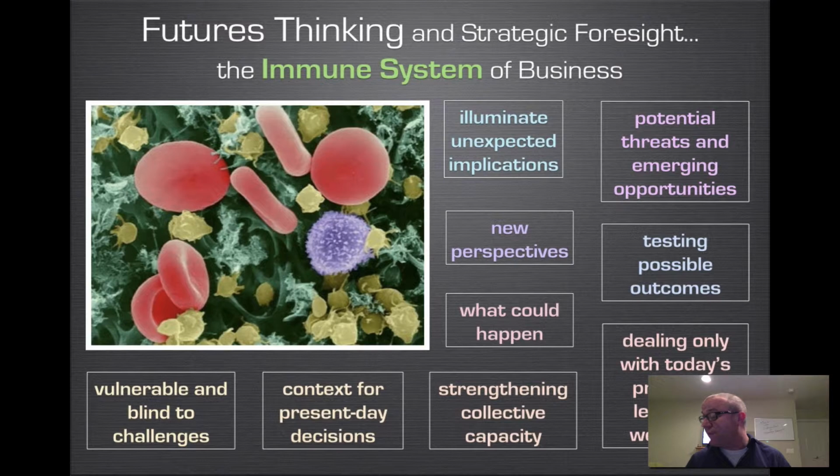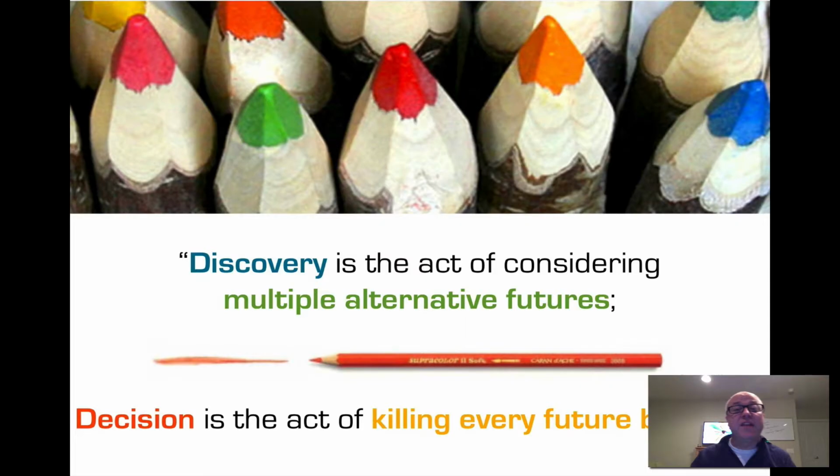Strategic foresight also illuminates unexpected implications. It has tools that identify probable and possible impacts for today's decisions, helping us to see the opportunities and the threats that we are generating. So that's some of the ideas that you could also share from this slide, and I'm sure most of this is self-explanatory. Let's go to the next slide.